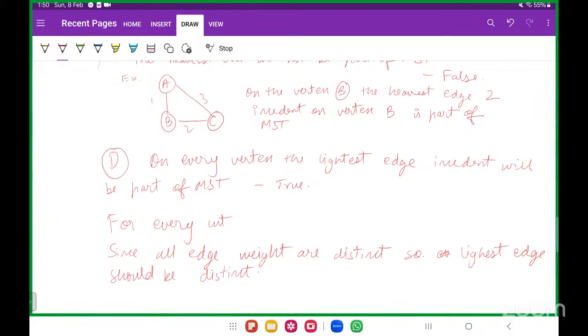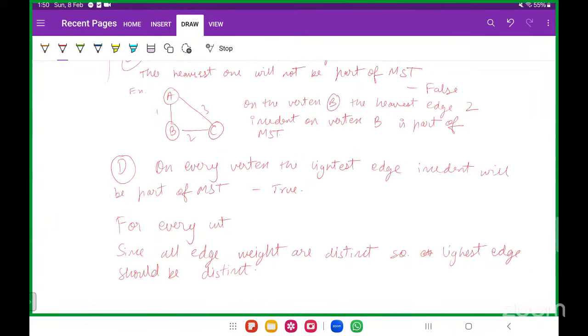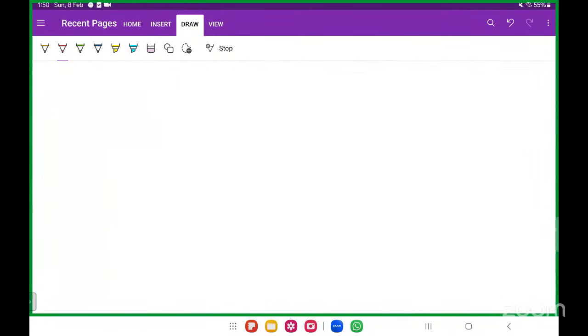So there is a problem related to the database management system. R is a relation which has 4 attributes A, B, C, D. The candidate keys are AB and AC.